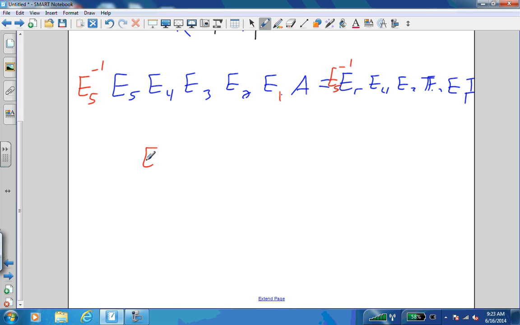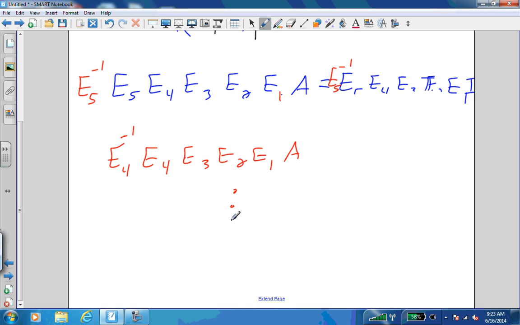So that would give us E4, E3, E2, E1. Then we do the inverse of that on both sides and work our way down.